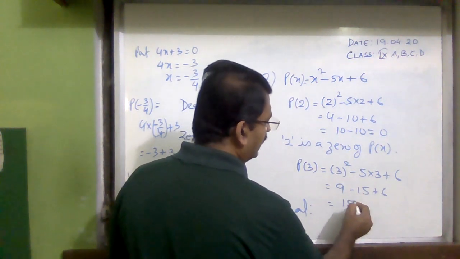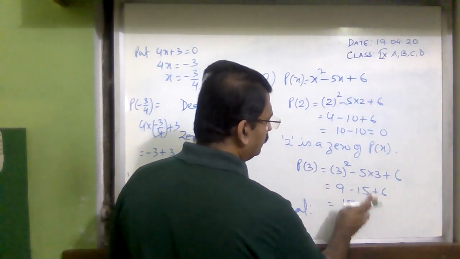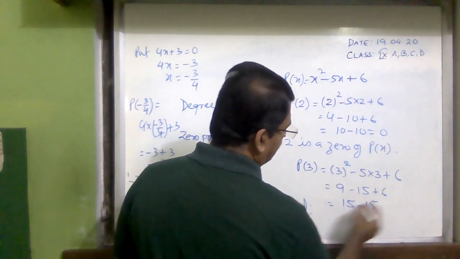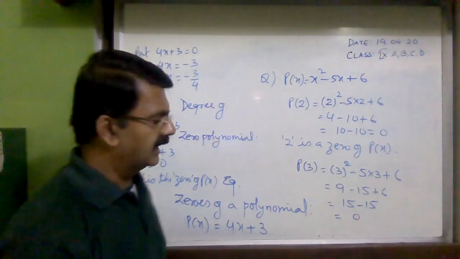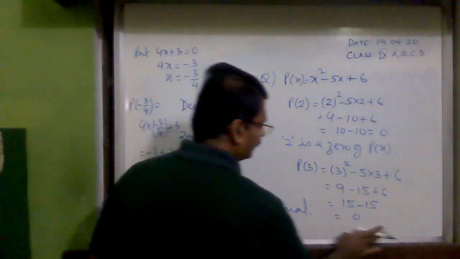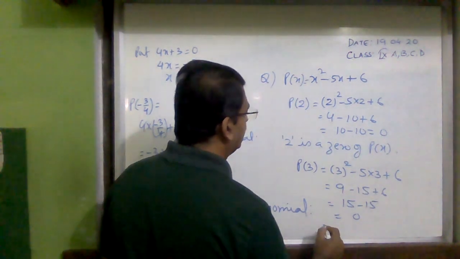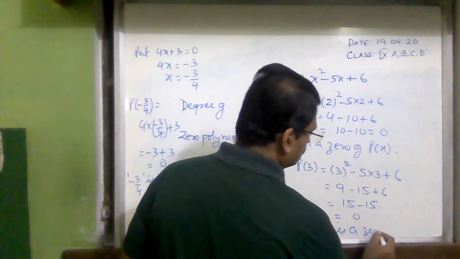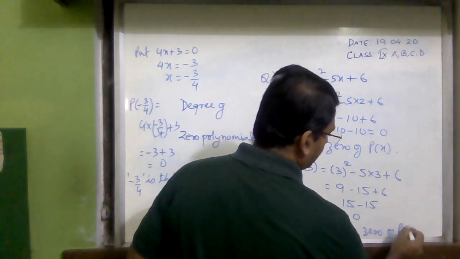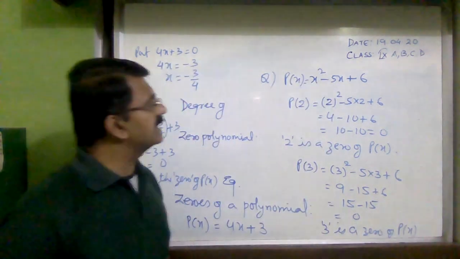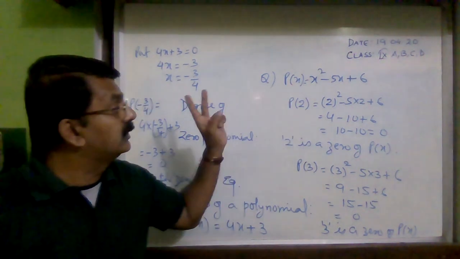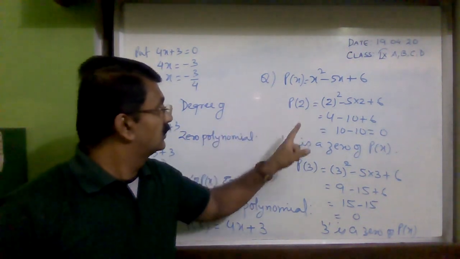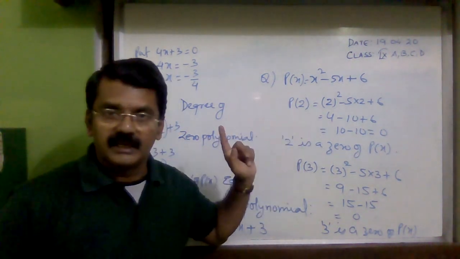Once again you can see we are getting 0. That means 3 is a zero of p(x).